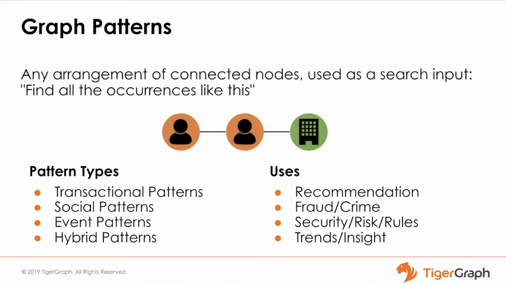So what do you use this for? First of all, recommendation. The idea of collaborative filtering recommendation: people who bought what you just bought also bought that. That's a relational pattern. So recommendation is actually very easily explained and leveraged using graph patterns. It's also used for trying to find the bad things, the bad activity, fraud, crime.